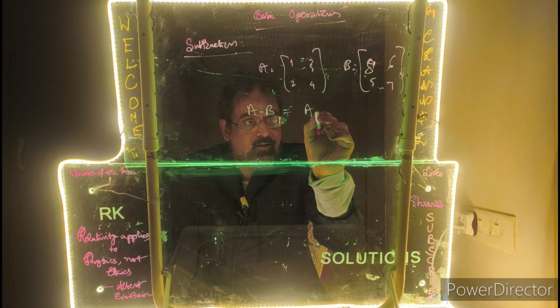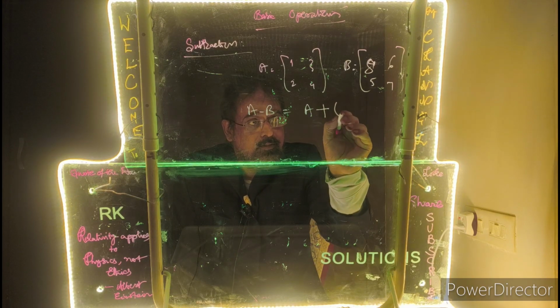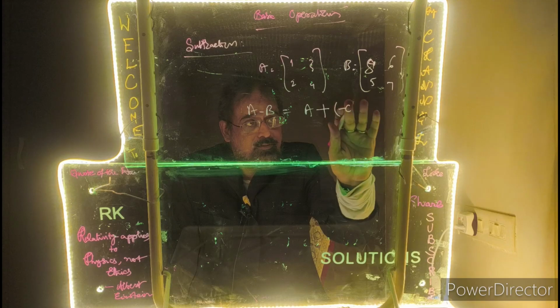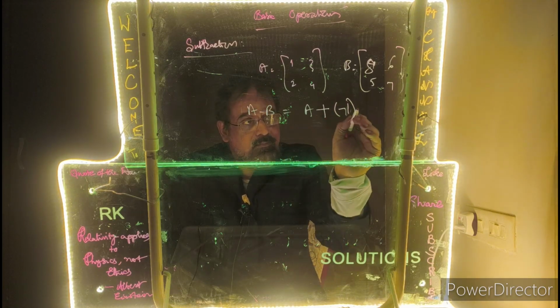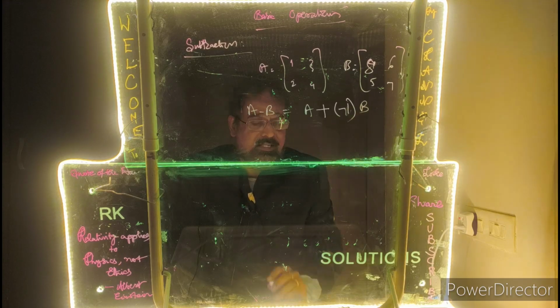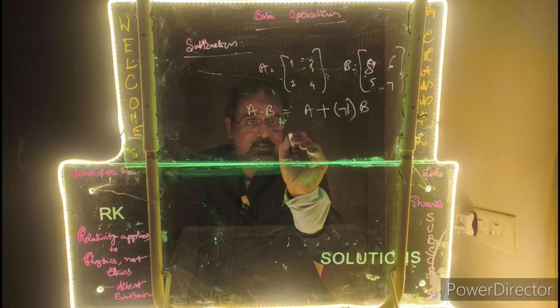This is A plus, you multiply B with minus 1, scalar multiplication.